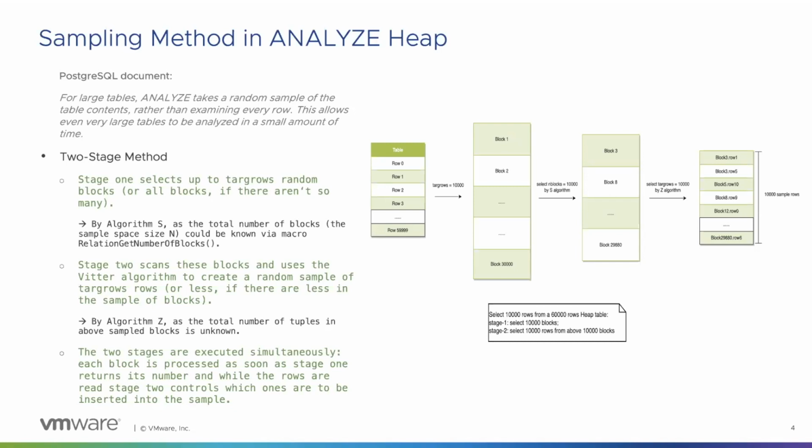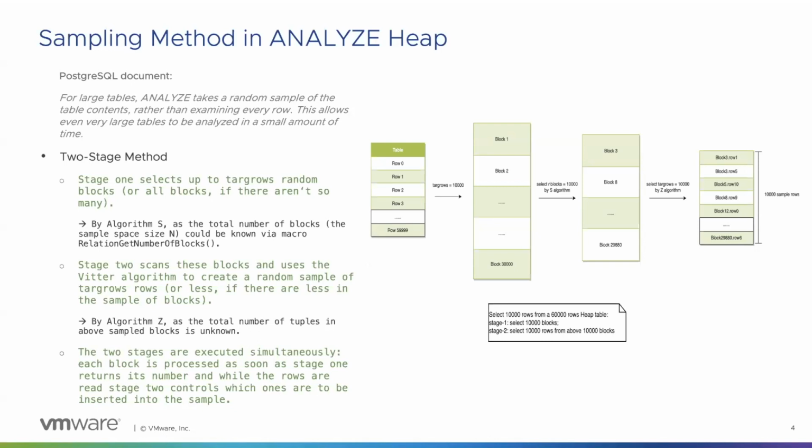So upstream uses the two stages. Firstly, it selects blocks from the whole table. It can use the function RelationGetNumberOfBlocks to get the total number of blocks of the table. Also, the block size is fixed.